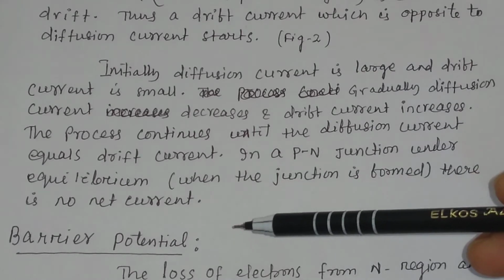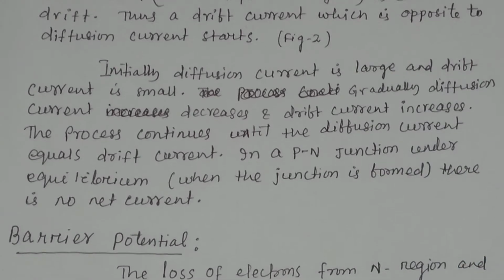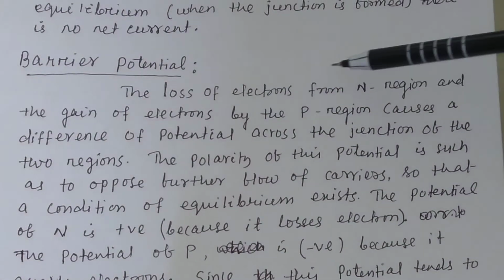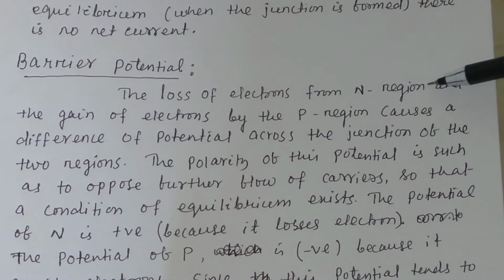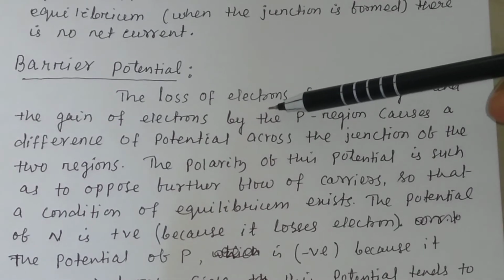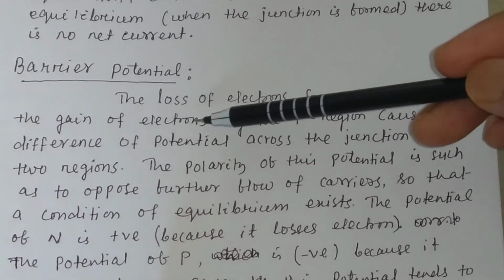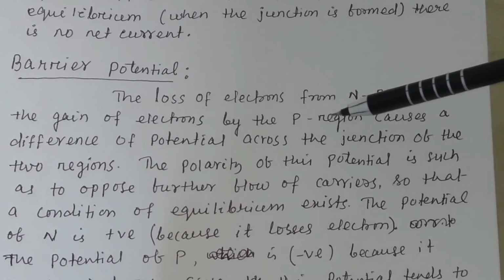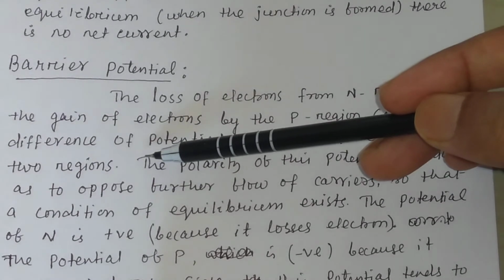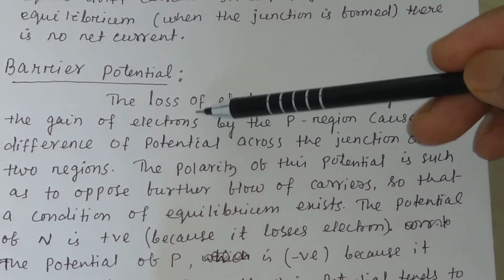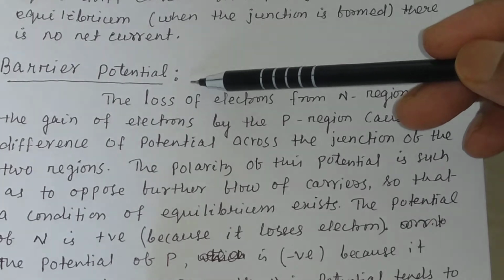Then we will know what is barrier potential. The loss of electrons from the N region and the gain of electrons by the P region causes a difference of potential across the junction of the two regions, and this is called the barrier potential.